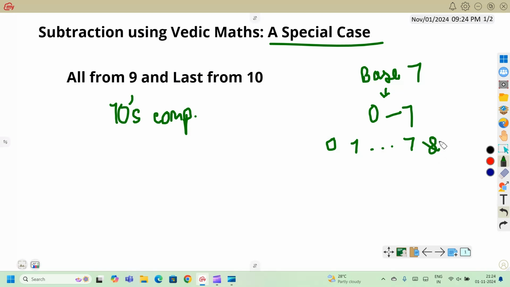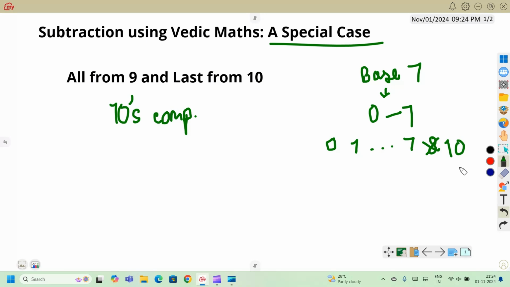So if it's base 6, that means it's from 0 to 6, and the next number would be 10. Those who study digital electronics and computer systems architecture would learn how to convert between one base and another.